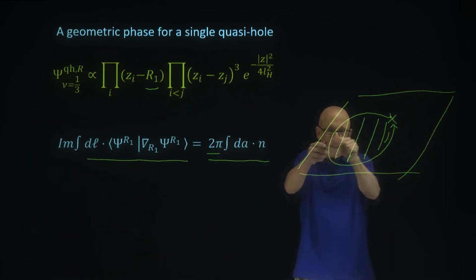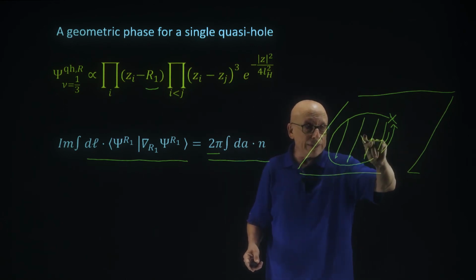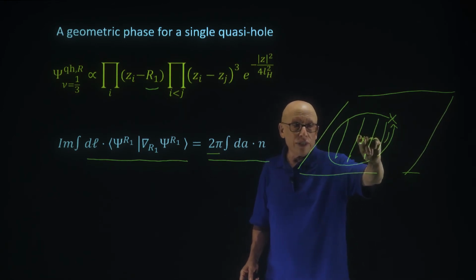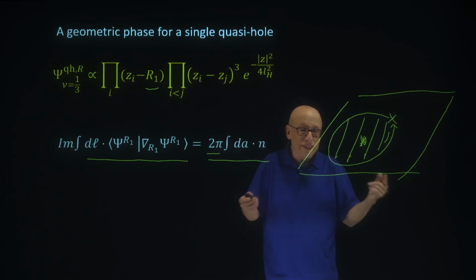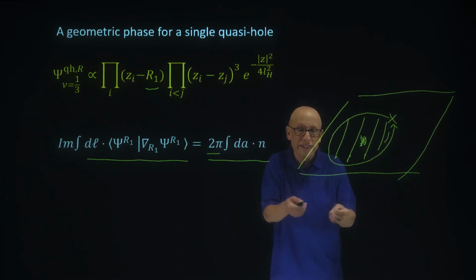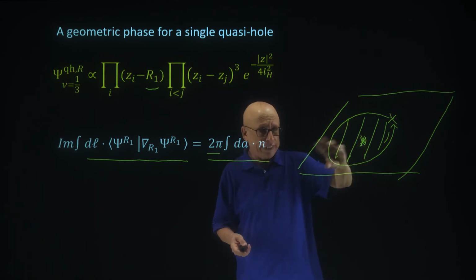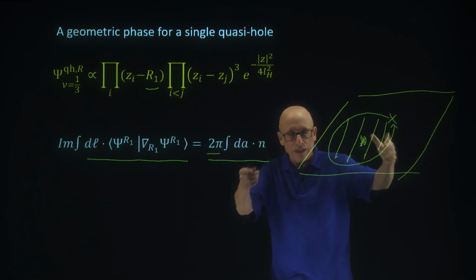Now that we see that, we can see what's going to happen if we add another quasi-hole and let the first one go around it. Adding a quasi-hole here changes the number of electrons in the loop by 1/3, because a quasi-hole has a charge of 1/3. I'm not paying too much attention to signs here. So we change the number of electrons by minus 1/3 if you want.